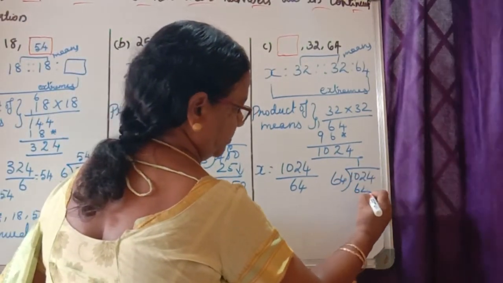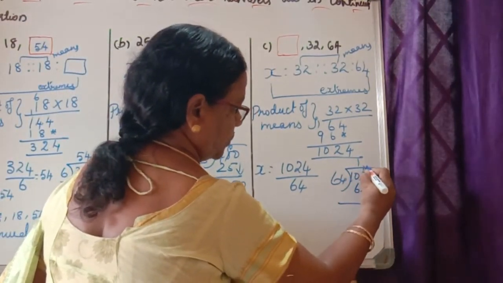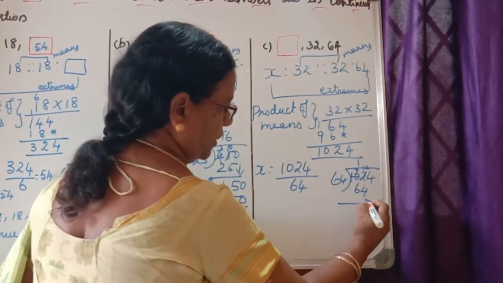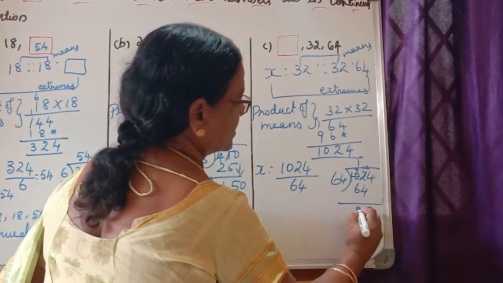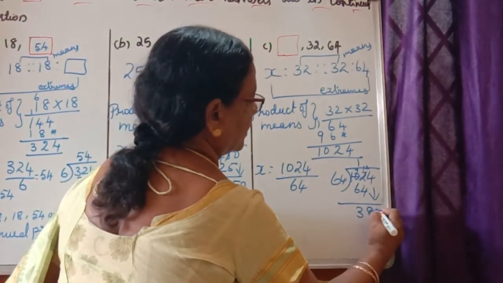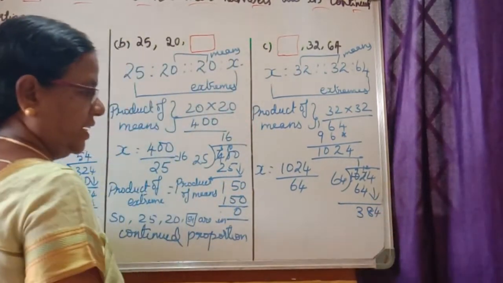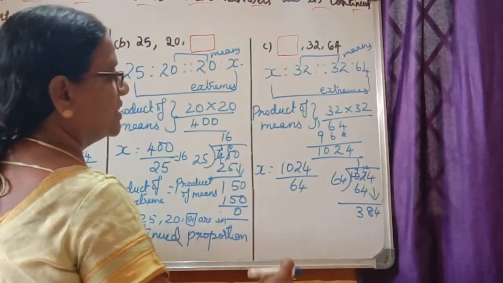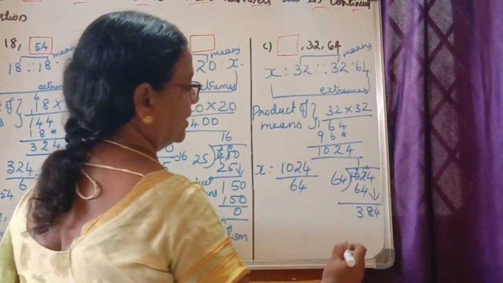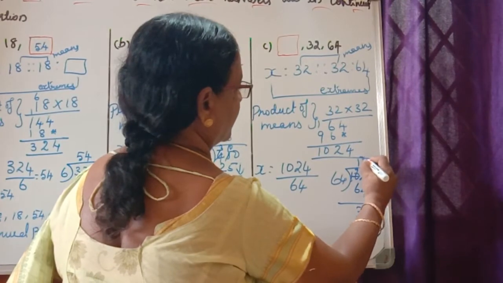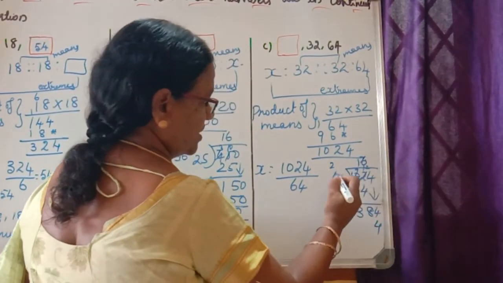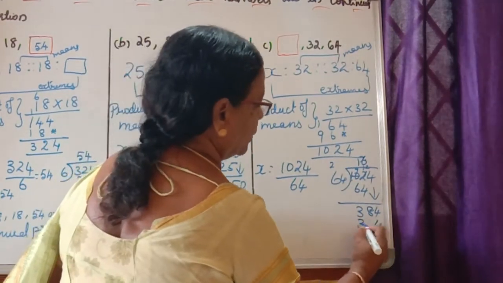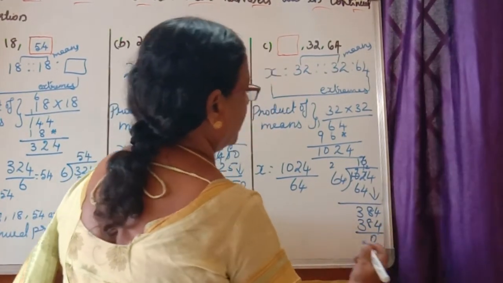Only 1. 102 minus 64 is 38. Bring down the 4. In 384, how many 64s are there? Shall we take 6? 6 4s are 24, remain 2, 6 6s are 36 plus 2, 38, remainder 0.